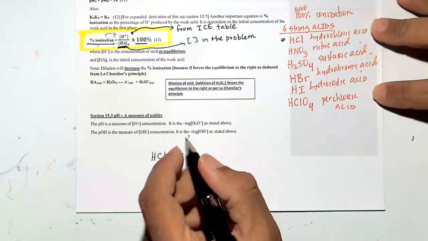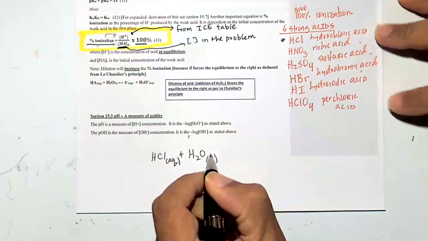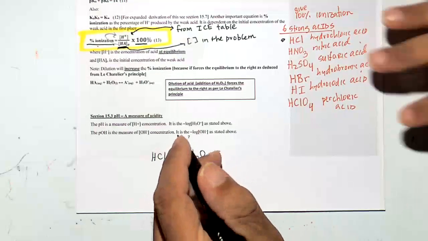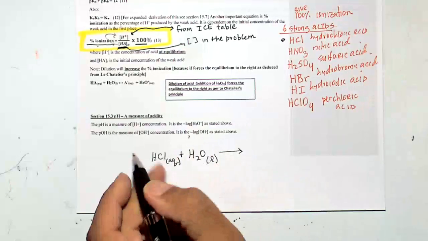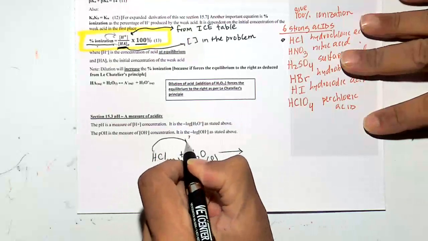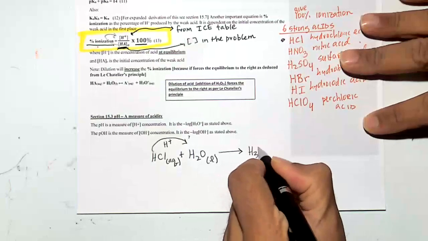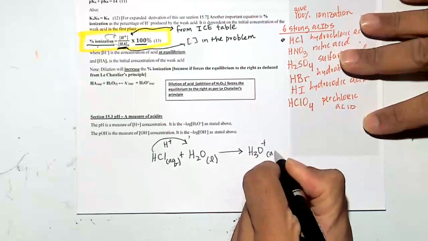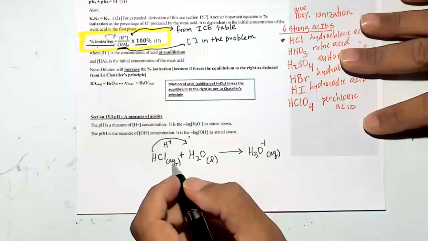You take that acid, what will it react with? Water. What do acids like hydrochloric acid do? They're going to give that H plus proton away, giving you H3O plus.